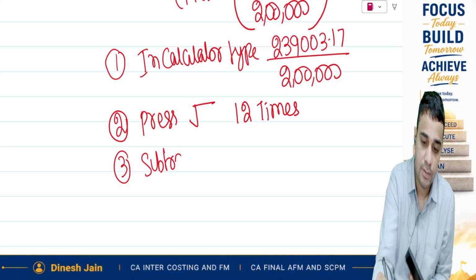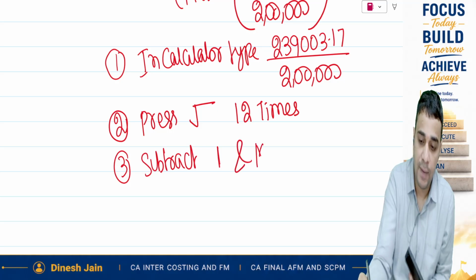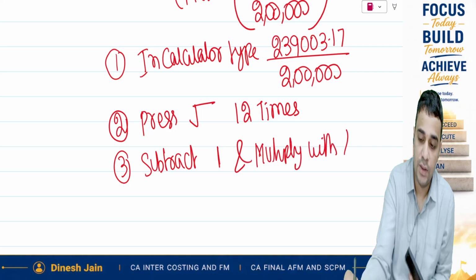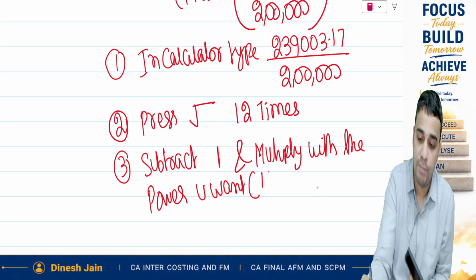Subtract 1 and multiply with the power you want, in bracket 1 by 5.